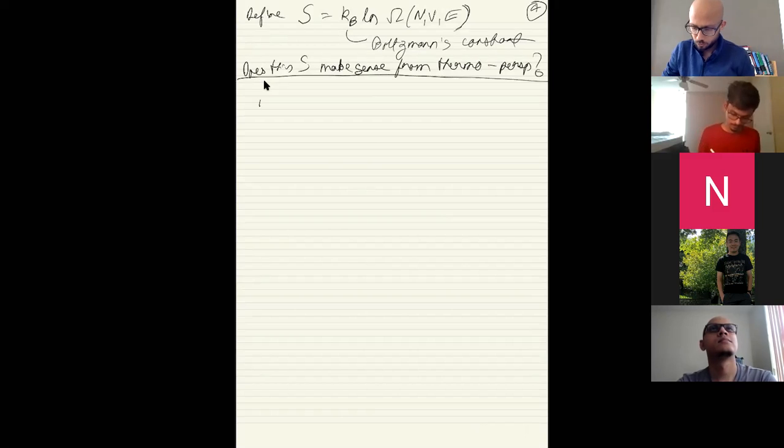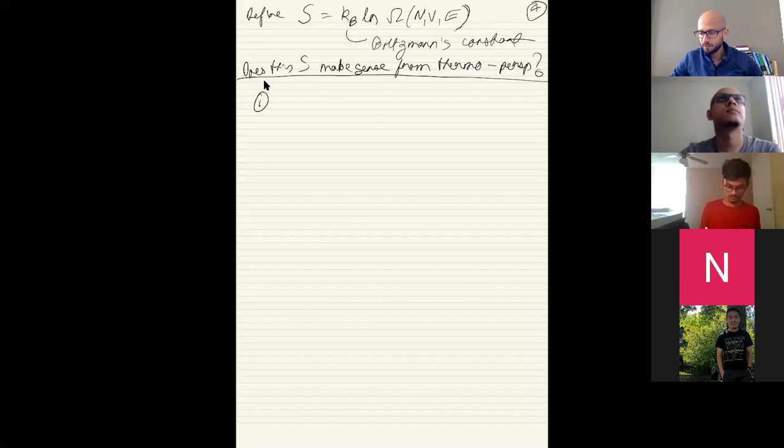What is the first thing we should look for to specify the properties of an entropy? Should be positive. Is it positive? It's a natural log, right? So wonderful. It should be extensive.